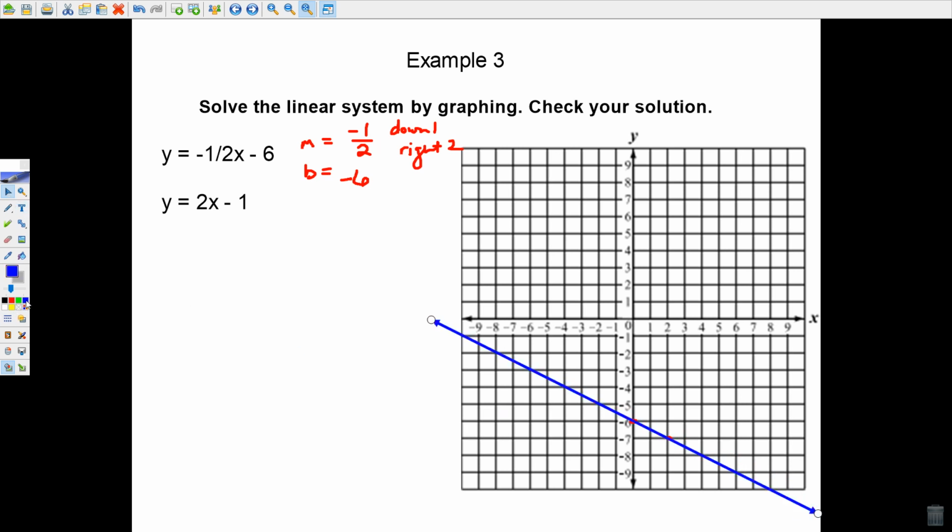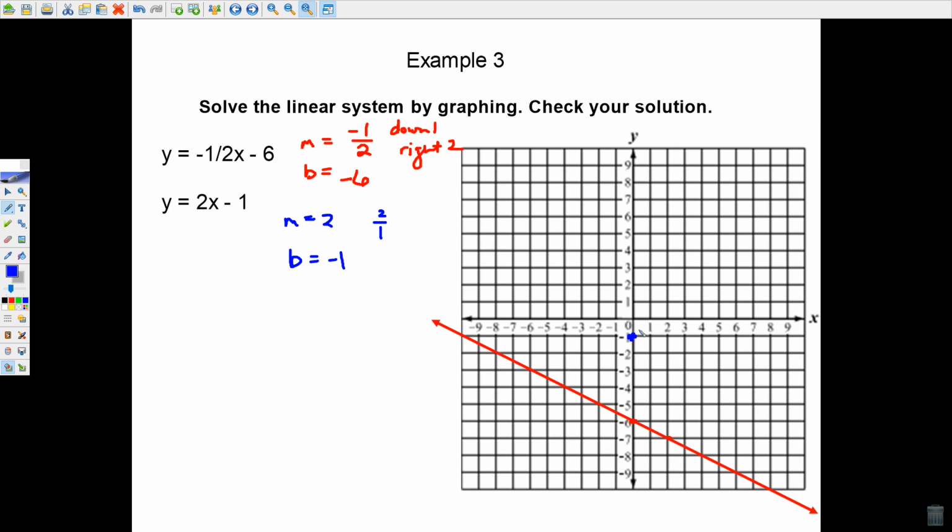Now let's do the second one. The slope of the second equation is 2, and the y-intercept is negative 1. So here's my y-intercept. My slope is 2, and I want that as a fraction, so it's 2 over 1. That means up 2, right 1.